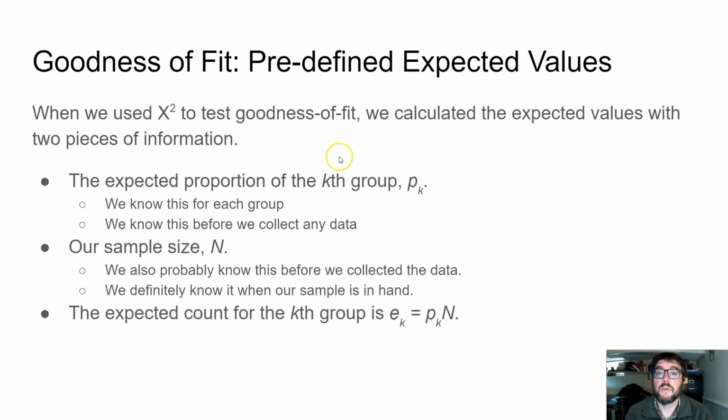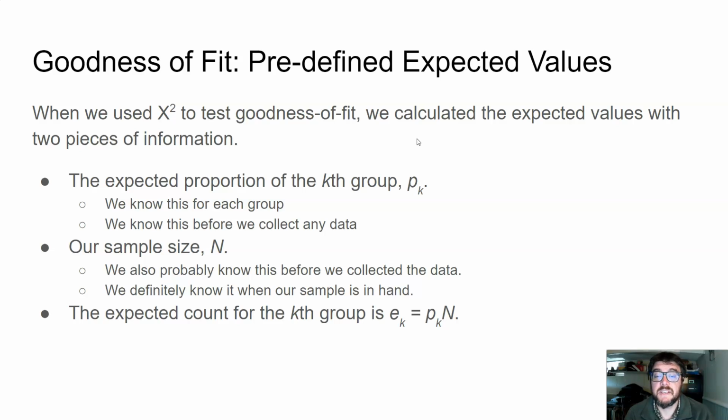To review, in a chi-square test of goodness of fit, we got our expected values from a pre-existing hypothesis. Either we thought every category was equally likely, which is the simplest hypothesis, or we used some aspect of the real world to generate probabilities for each group.